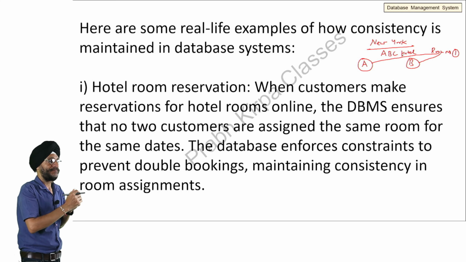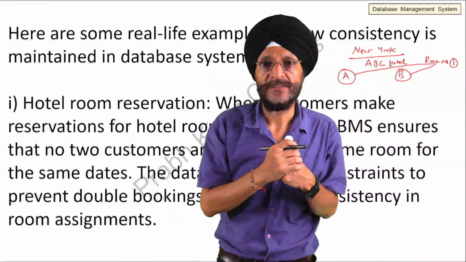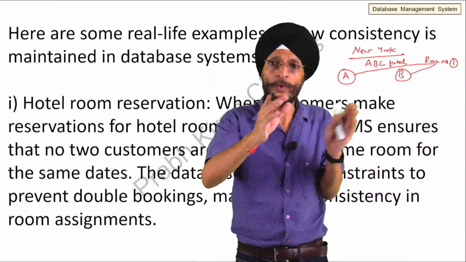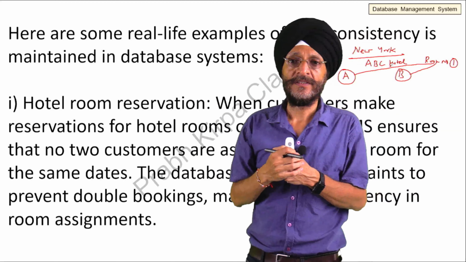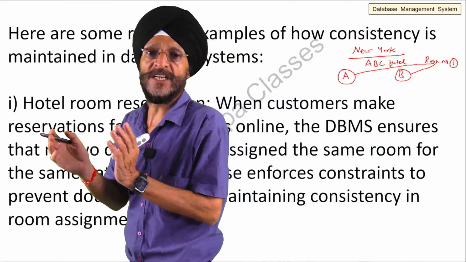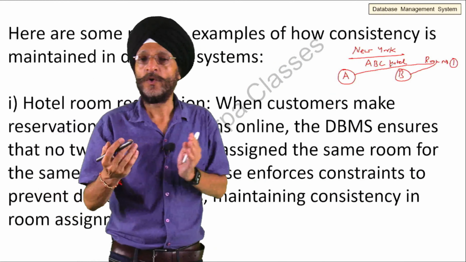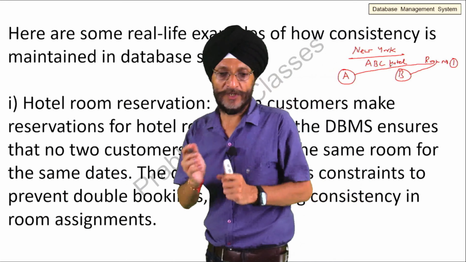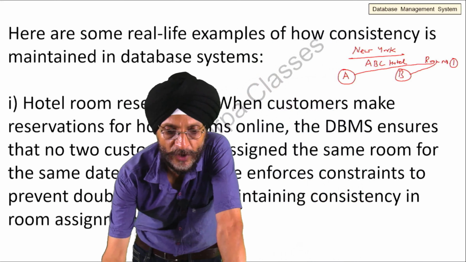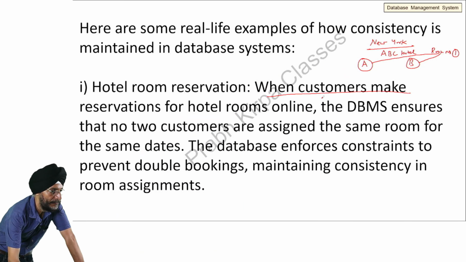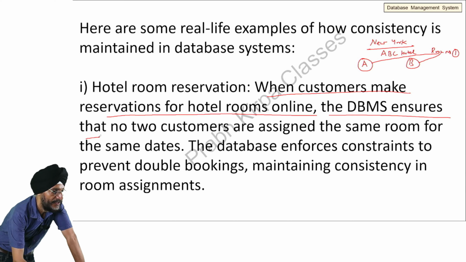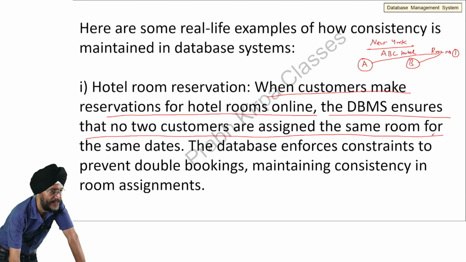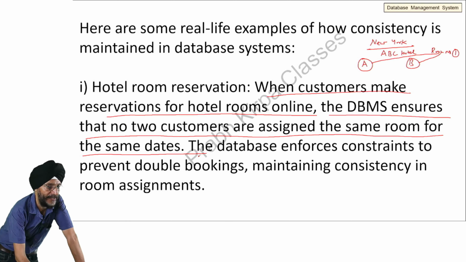And in case the same room is allotted to two different customers, what will happen? There will naturally be customer dissatisfaction or dispute with the hotel, and it will earn a bad image for the hotel. Let us read what is written. Hotel room reservation. When customers make reservations for hotel rooms online, the DBMS ensures that no two customers are assigned the same room for the same dates.